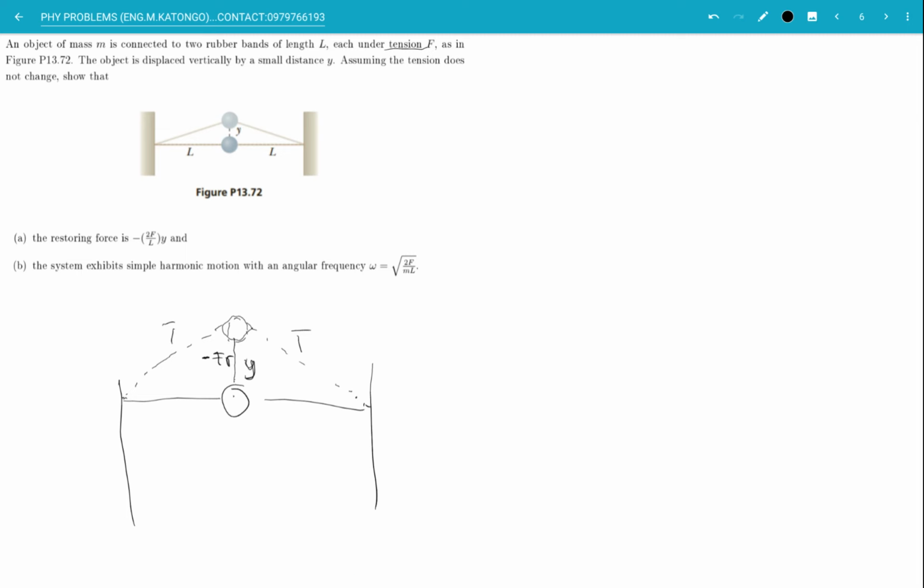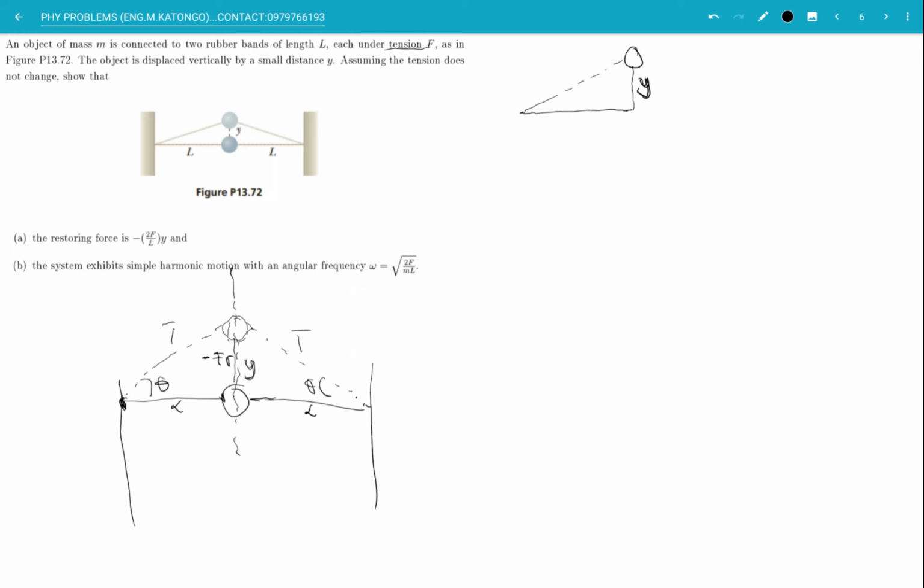This ball has been displaced at an angle of theta, and at an angle of theta, where we have the length L, as well as L. So, isolating one part of this diagram, we will have the ball there and the length L, and finally the vertical displacement, which is y.